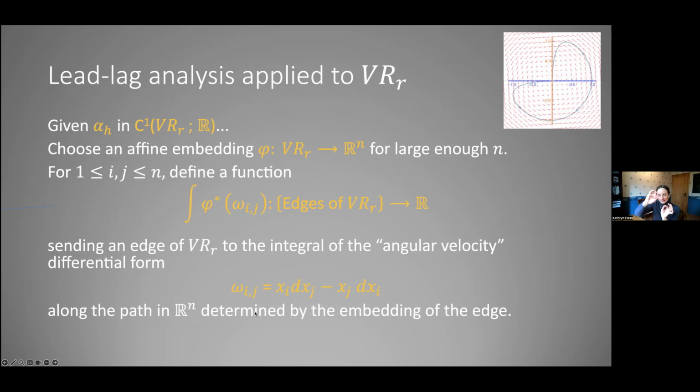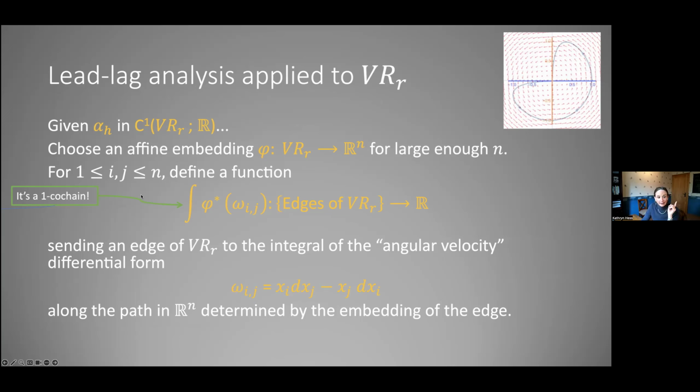So if I look at an edge in my diagram, I've embedded it into R^n, it's going to give me a path in R^n. And I'm going to integrate this differential form along this path. And that's going to give me a real number. So what I've done is assigned a real number to every edge of VR. And that's exactly what a one cochain is.